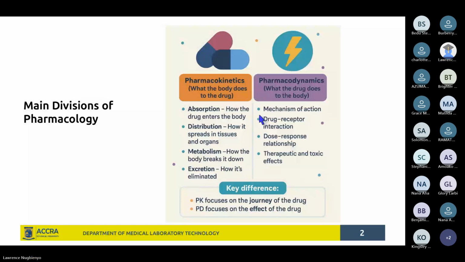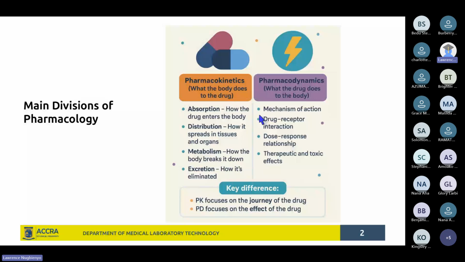We basically divide this field of study into two major parts, which is pharmacokinetics and pharmacodynamics. For you as medical laboratory science students, we look at it this way as pharmacokinetics, pharmacodynamics.